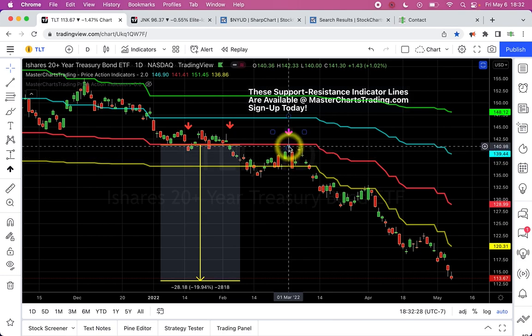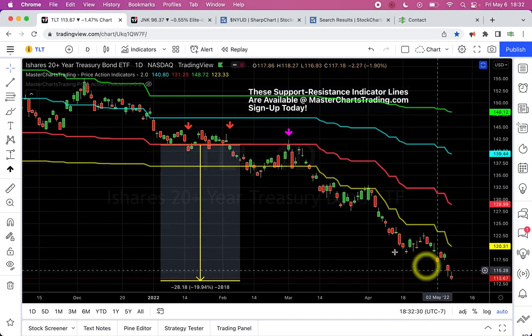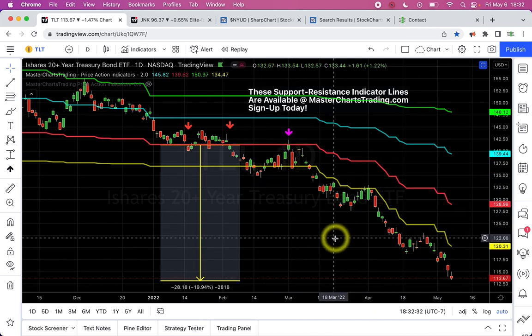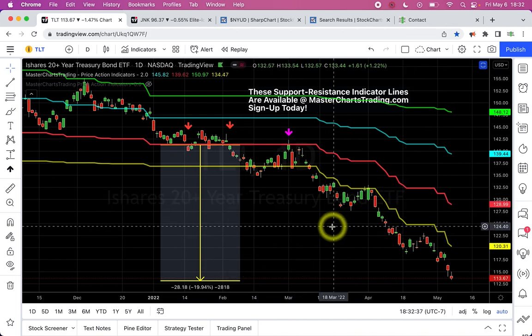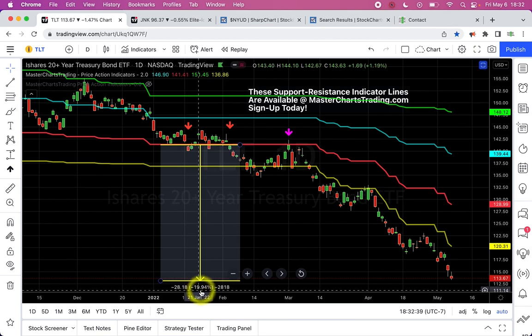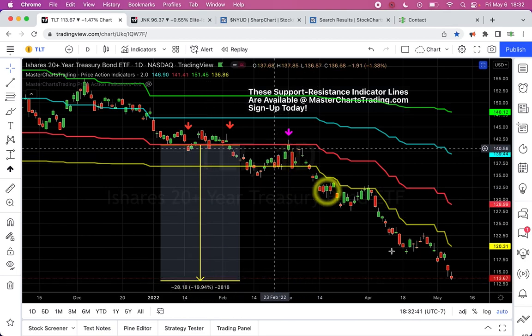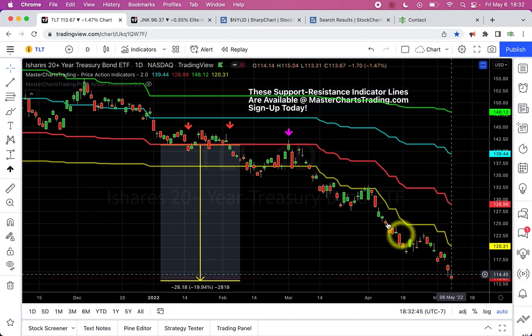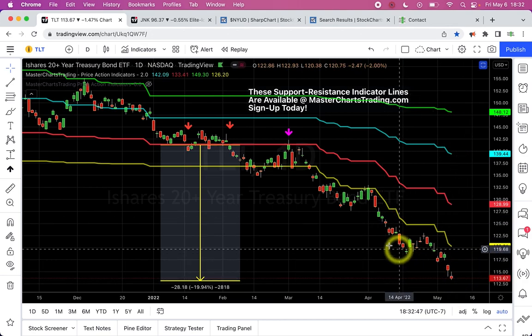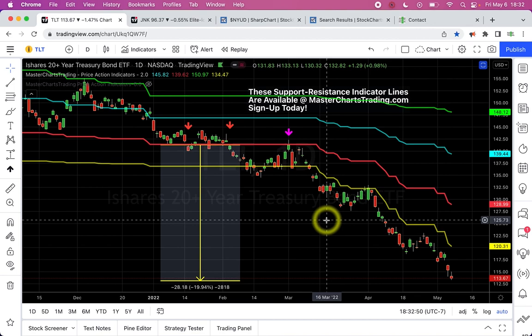You would have been 20% richer if you just shorted the actual underlying, but if you bought puts a year out, let's say, that's easily 3 times, so that's a 60% gain. And it just made a new low. We keep making new lows. We have no strength whatsoever in the bond market.